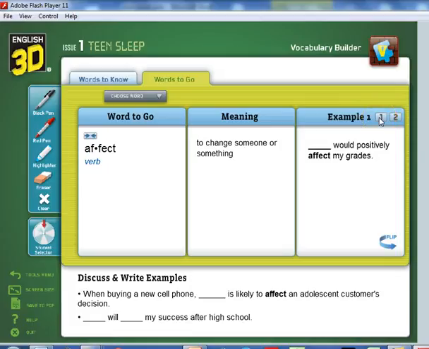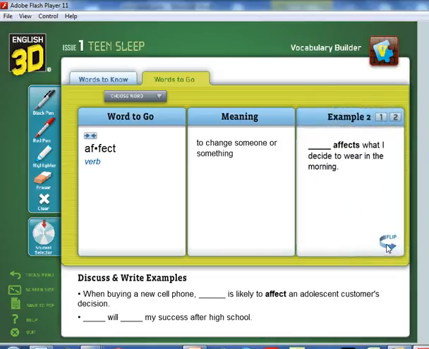What would positively affect my grades? Attending class regularly would positively affect my grades. Studying more frequently would positively affect my grades.